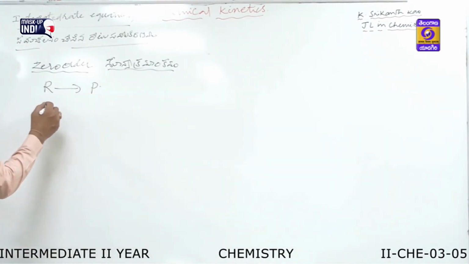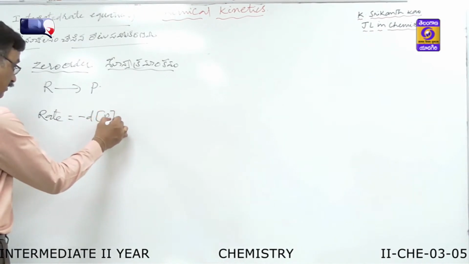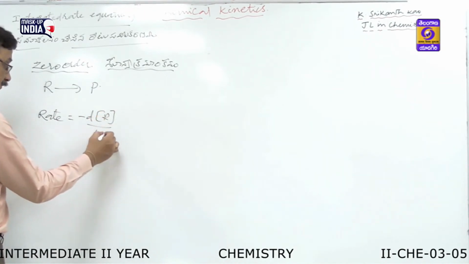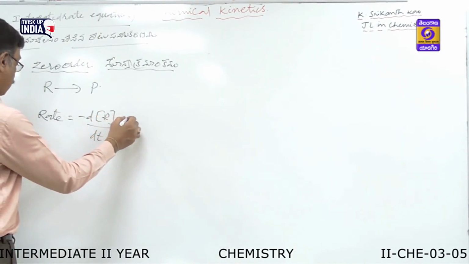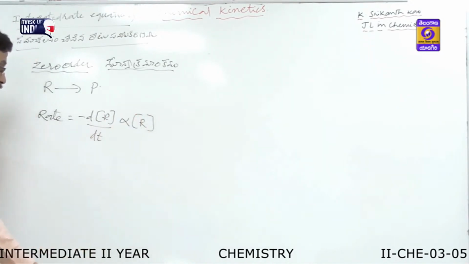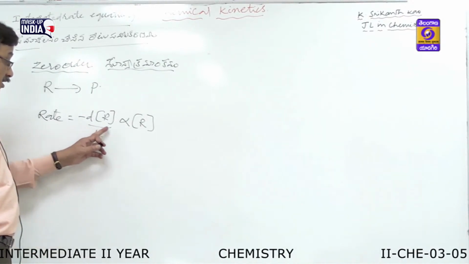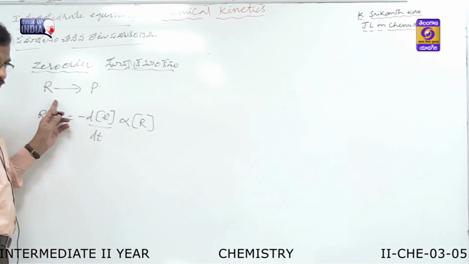సో rate of the reaction, rate is minus dR by dt, right? That is proportional to R, according to law of mass action. Rate of the reaction directly proportional to concentration of the reactant.